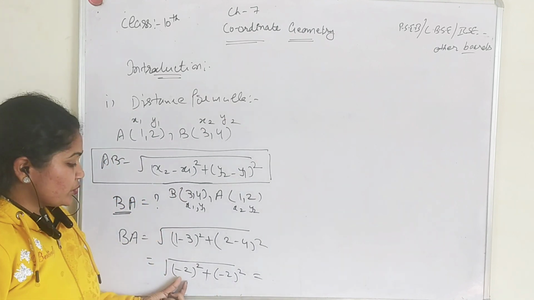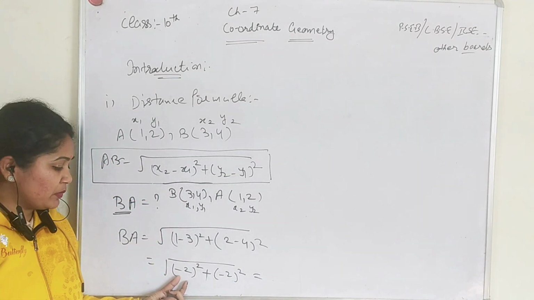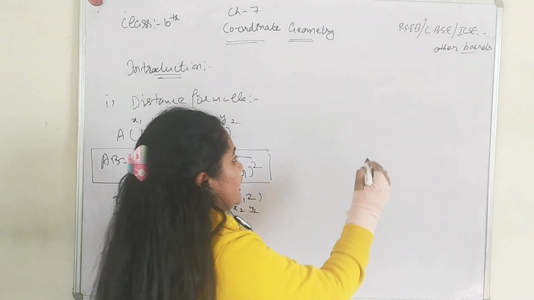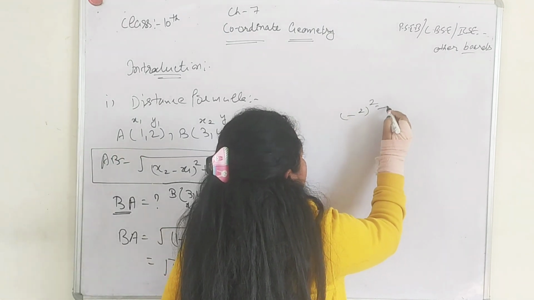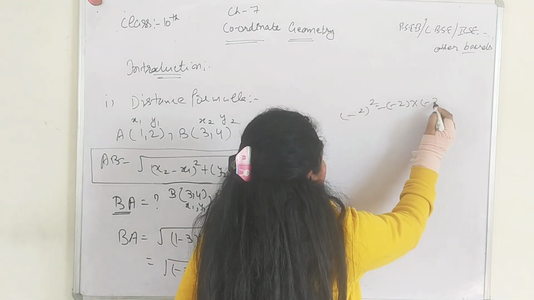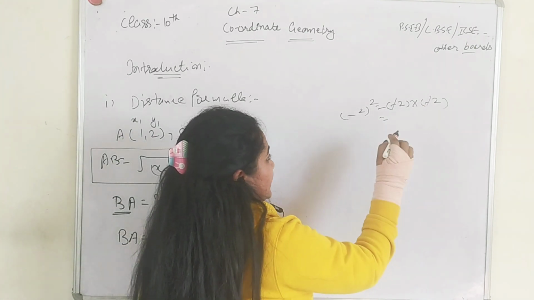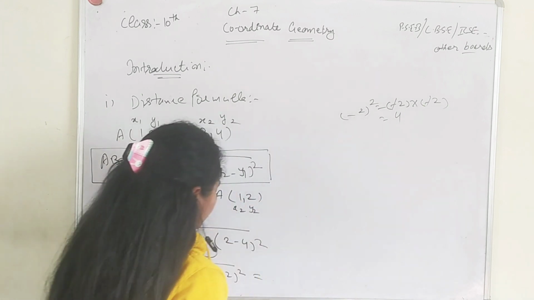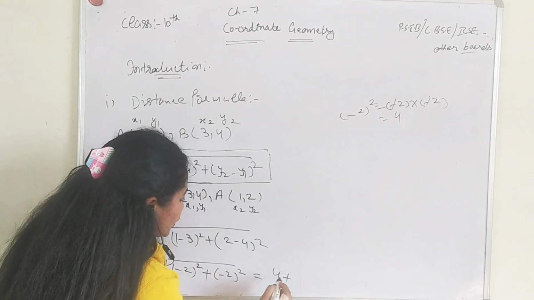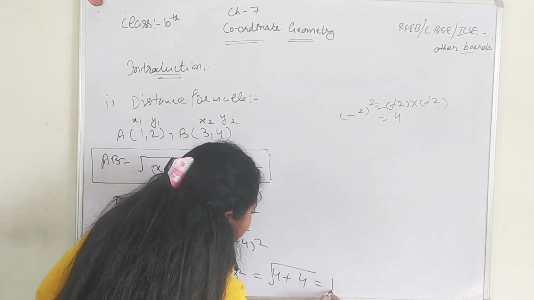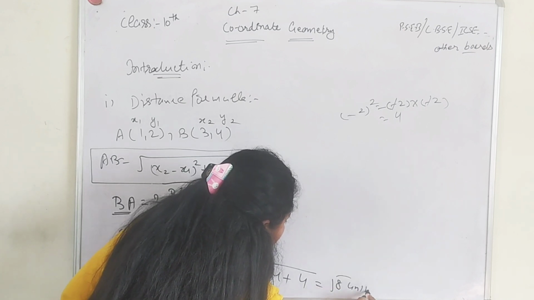Now minus 2 square means we multiply this number two times, minus 2 times minus 2. Minus minus is equal to plus, that means the negative sign is neglected, 2 into 2 is 4. Similarly 2 into 2 is 4, and here we get the answer 8 units.